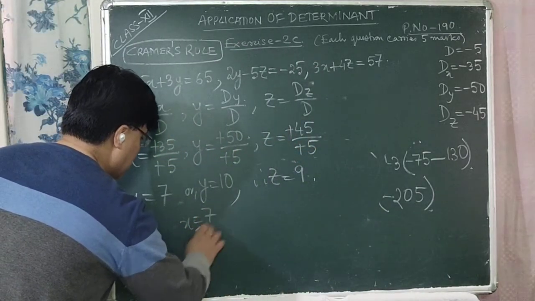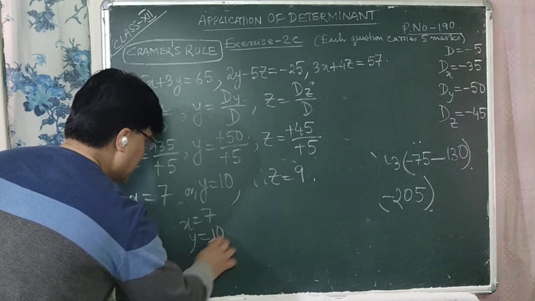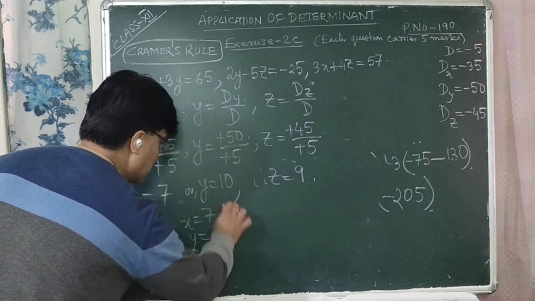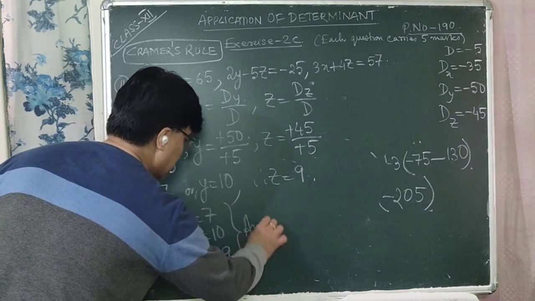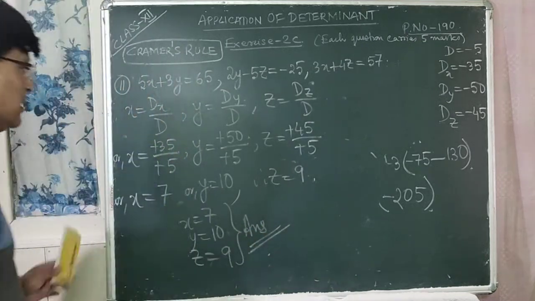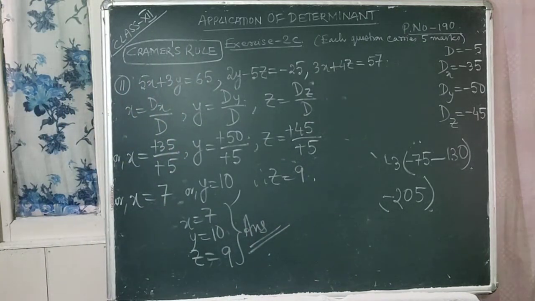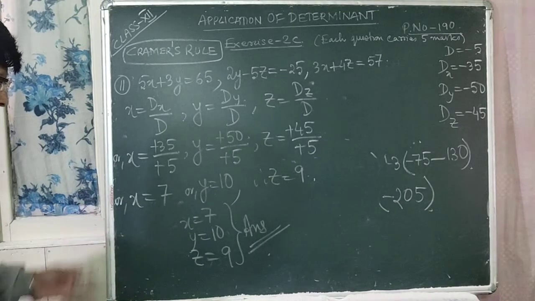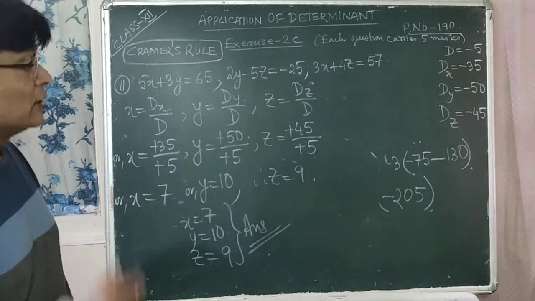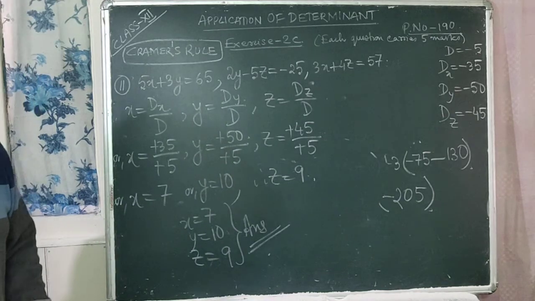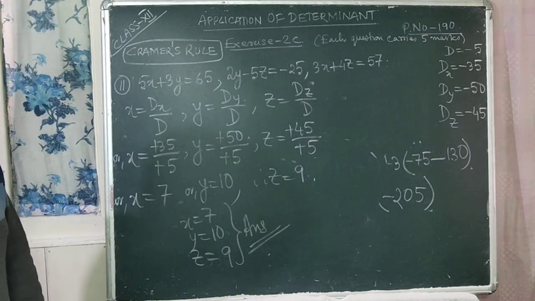X is equal to 7, y is equal to 10, and z is equal to 9. So these are the answers. So I think you have understood it.